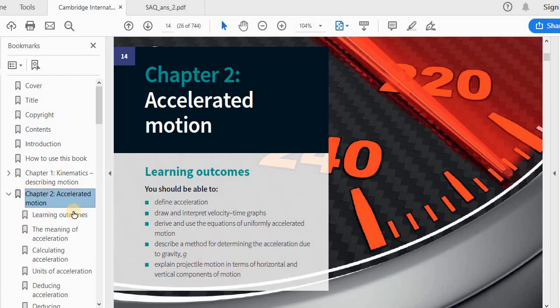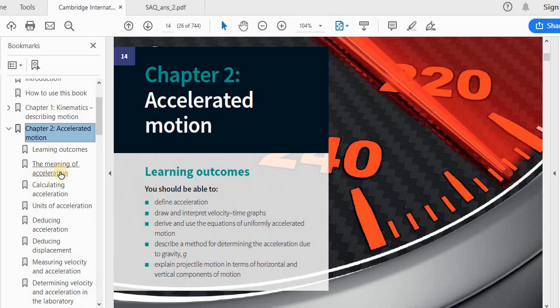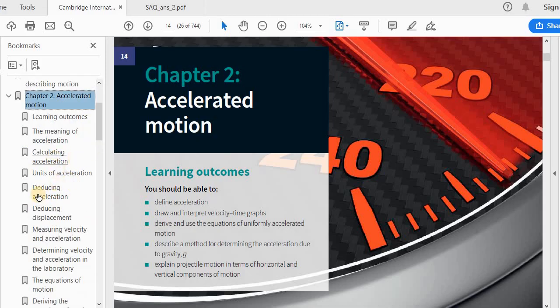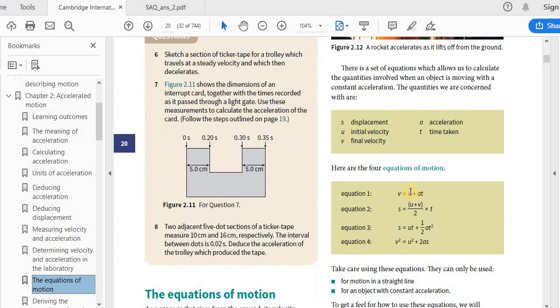Okay, let's see what the subtopics are. You have the meaning of acceleration, calculating acceleration, so using the equation. Now, if you remember, one of the equations here was the equation of acceleration. You can see here this first equation is an equation.